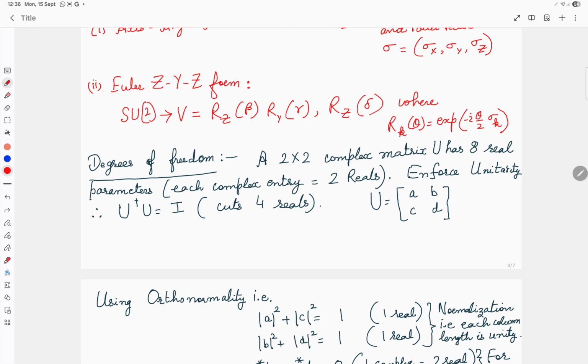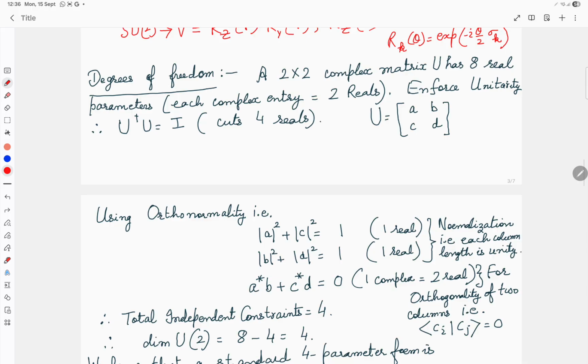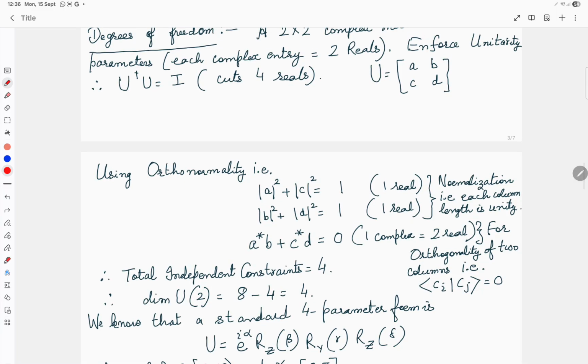Now if you enforce unitarity, if you enforce U adjoint multiplied by U equal to I, the degrees of freedom will be reduced to 4. The 4 degrees of freedom will be cut. What happens if we enforce unitarity? Let us say this is a unitary matrix.